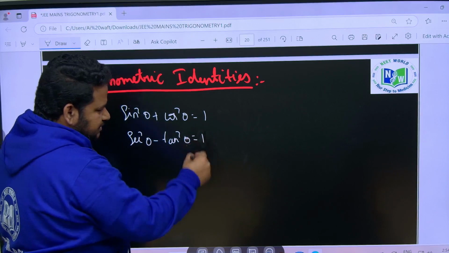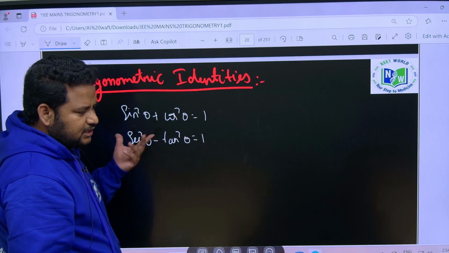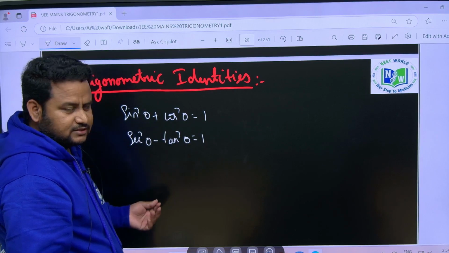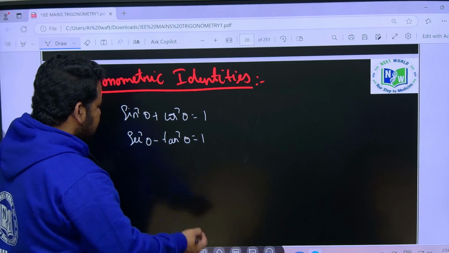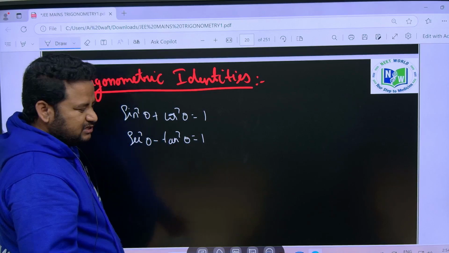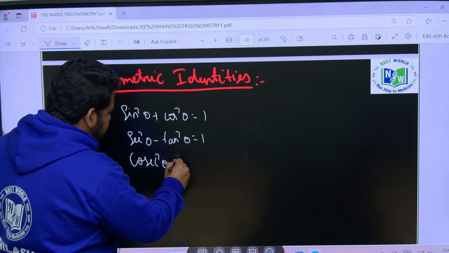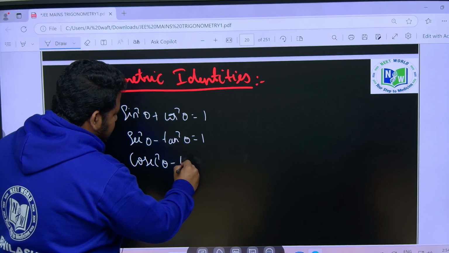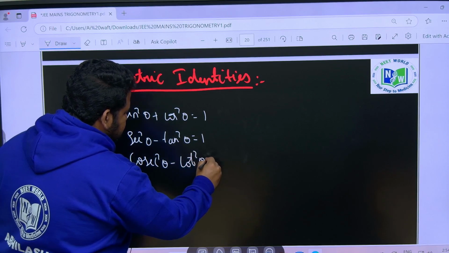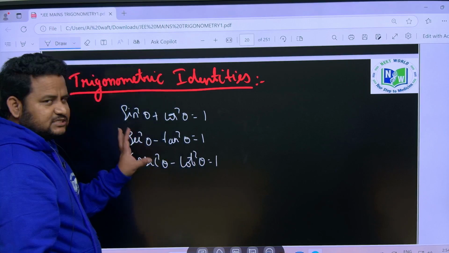So wherever there is 1 in any question, accordingly we will use sin square theta plus cos square theta, or secant square theta minus tan square theta. Another one is 1 plus cot square theta is equal to cosecant square theta, so cosec square theta minus cot square theta is equal to 1. These are our standard identities.